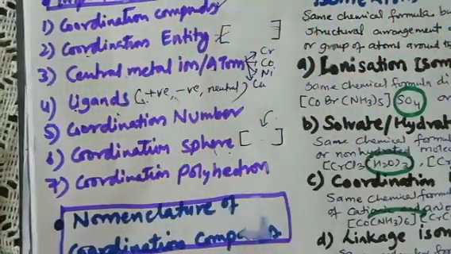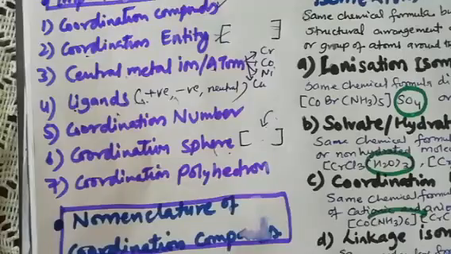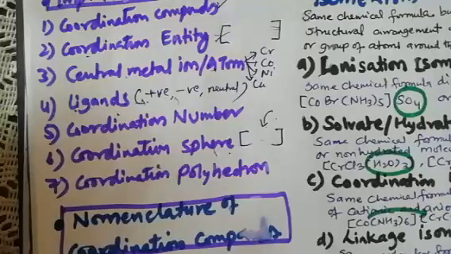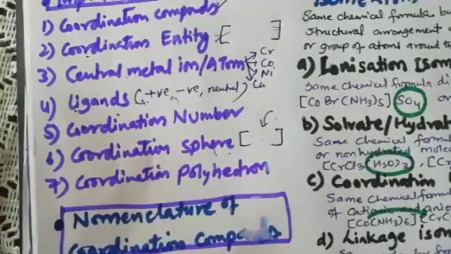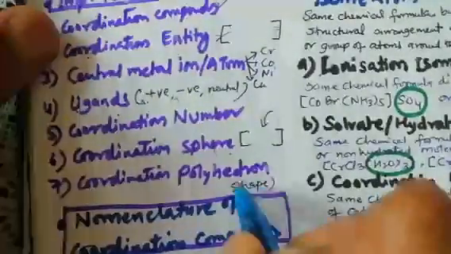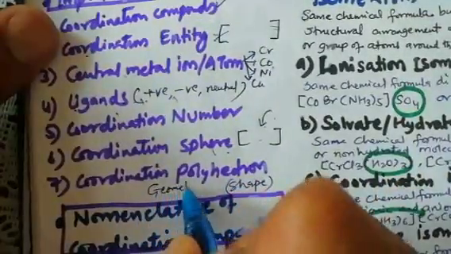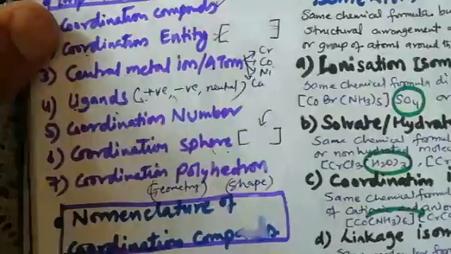Here the coordination entity is everything, the whole formula. Then the coordination polyhedron: it is the spatial arrangement of the ligand atoms directly attached to the central metal, and the most common coordination polyhedra are octahedral and square planar. This is simply the shape or geometry of the coordination compound.